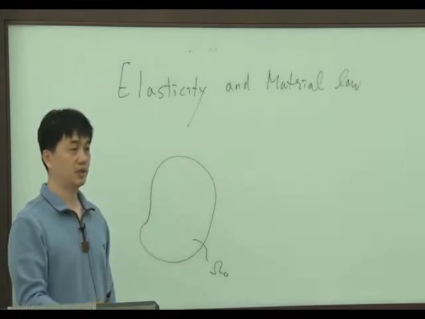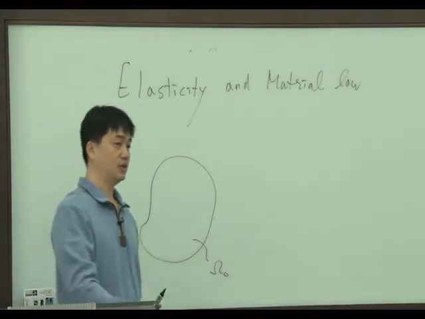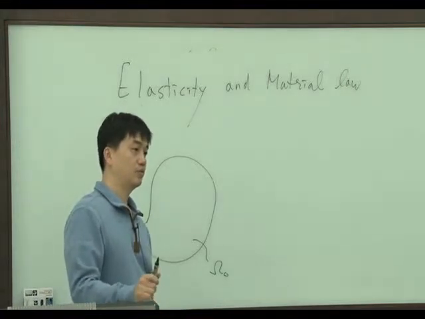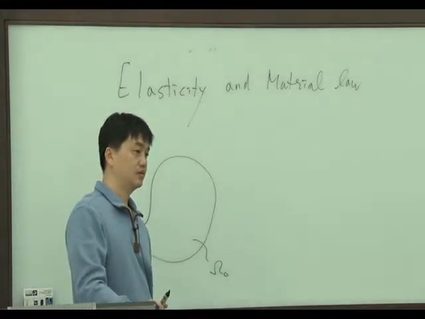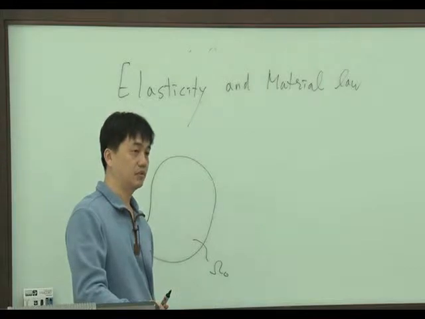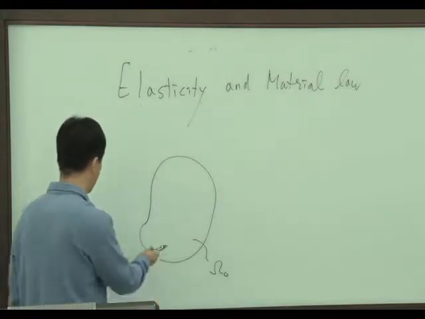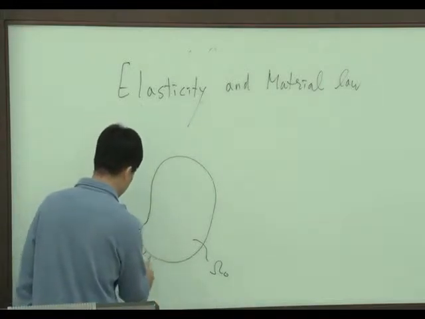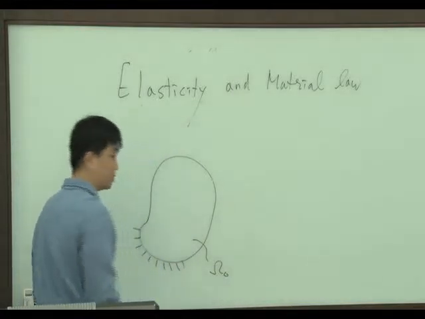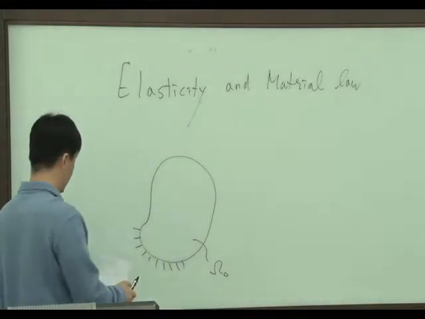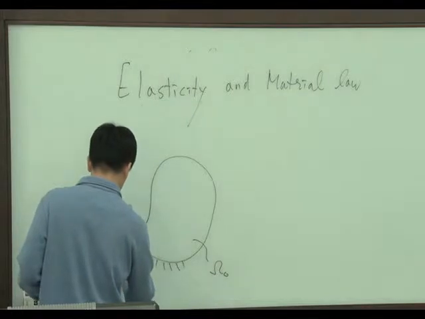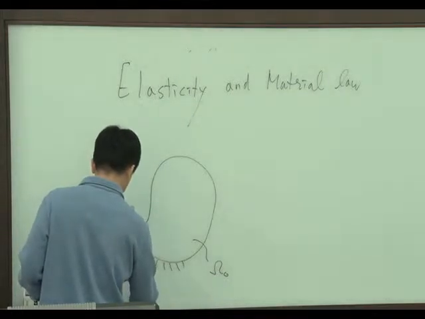Properly fixed means we can get rid of rigid body motion. So this body is fixed. It means there are some displacement boundary conditions, so displacement is 0.